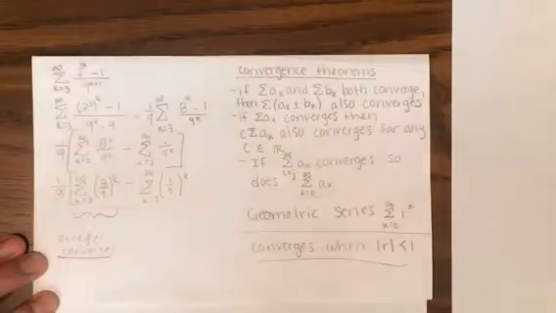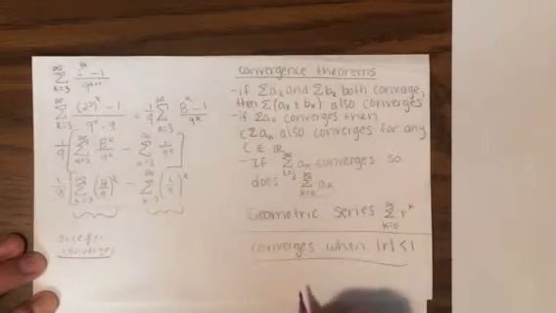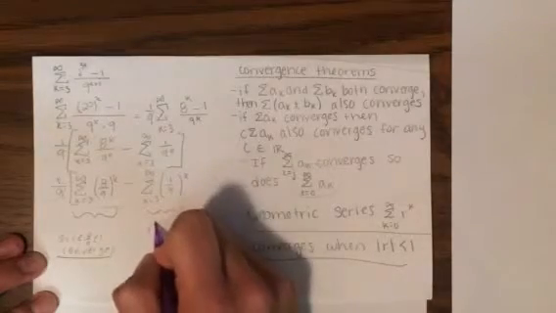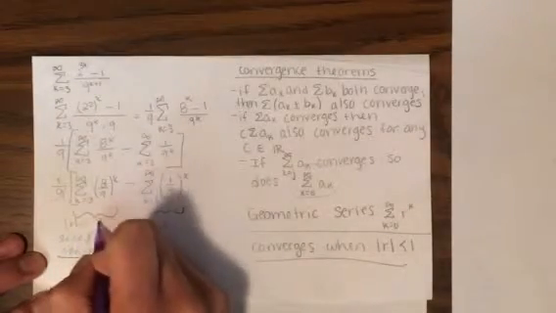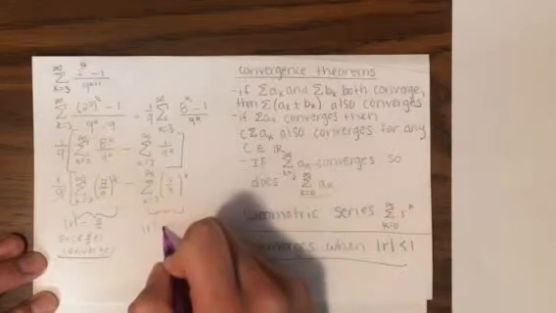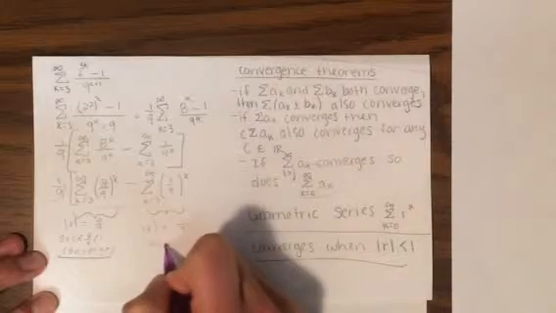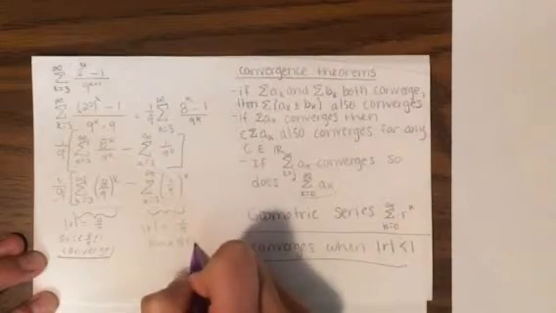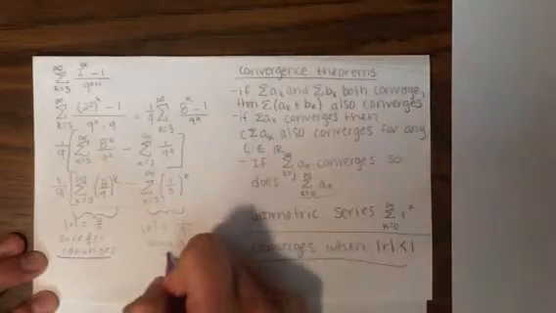Great. Now we can do the same thing for this part, applying the same logic. Here the absolute value of r was 8/9, and here the absolute value of r is 1/9. Since 1/9 is less than 1, according to the geometric series test, this part converges too.